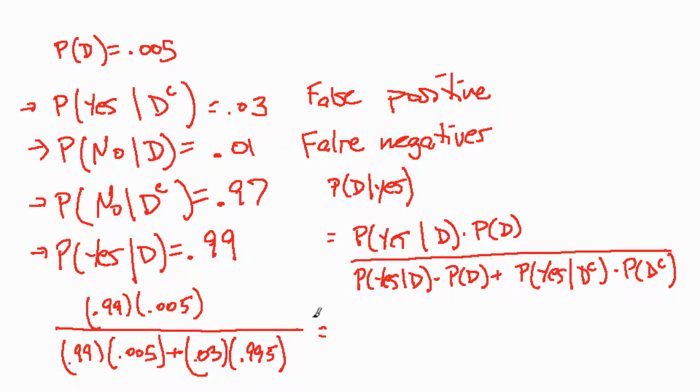So this is approximately 14%. That doesn't sound too good to me. And that just goes to show you that these numbers over here in and of themselves don't tell you the complete story. Okay? This is a very instructive example, and I suggest that you look at it closely.